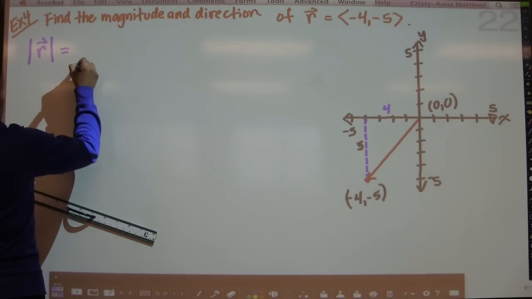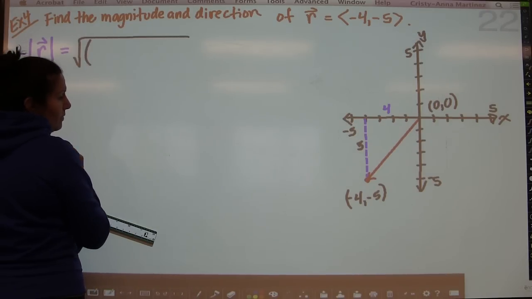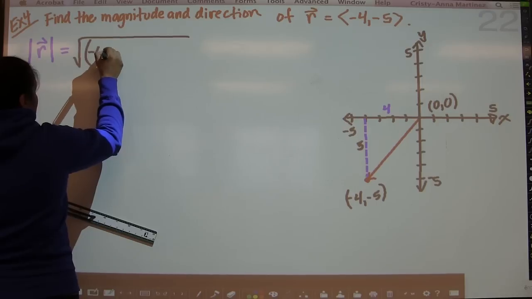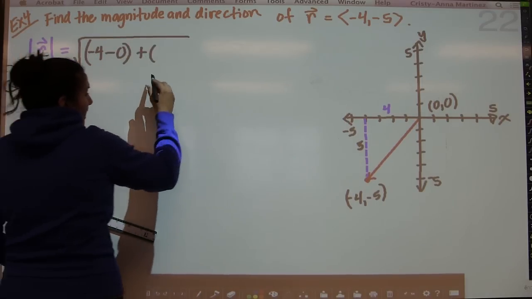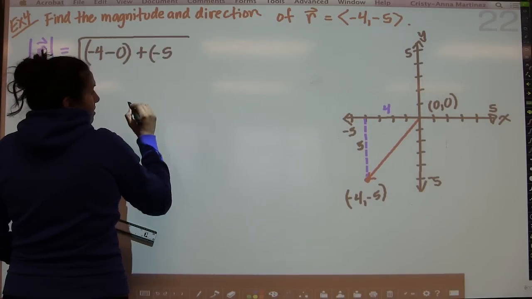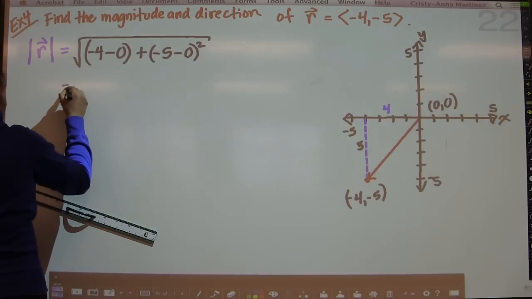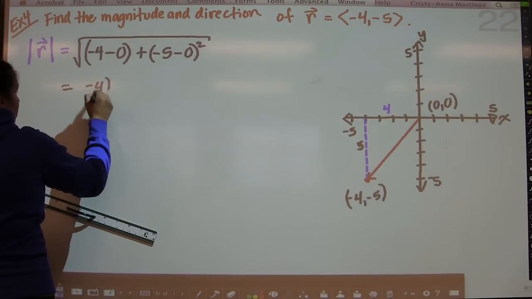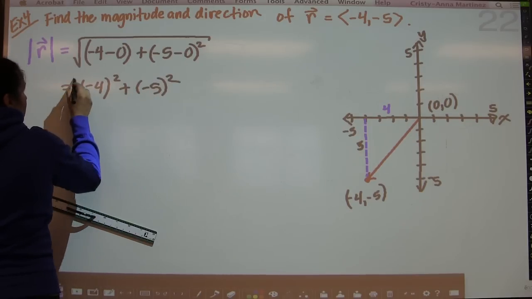So we're going to go square root of x2, which is going to be -4, minus x1, which is 0. And then we're going to go -5 minus 0. And you're still going to end up with the same thing I said earlier, which is the 4 squared and the 5 squared.